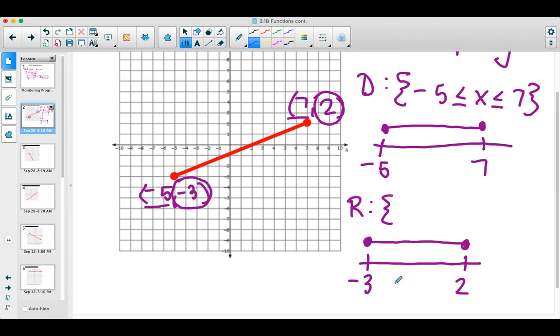And now we can visualize this as what we did last week. So I'm going from -3 less than, now we have to remember because range is y, that we write a y here and not an x, because y is now our variable because we're talking about range. So there is our range, and then because we have closed circles, I'm going to add my bar underneath it, and that is the domain and range of a function that has a starting point and an ending point.